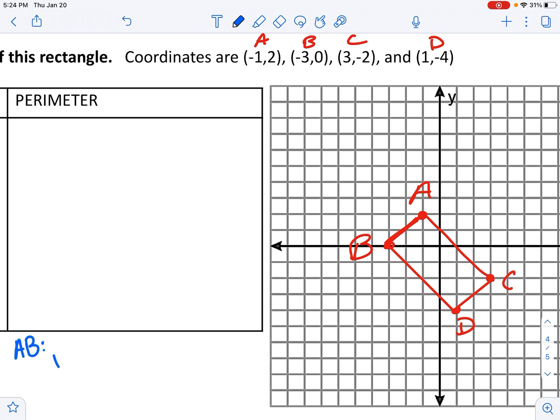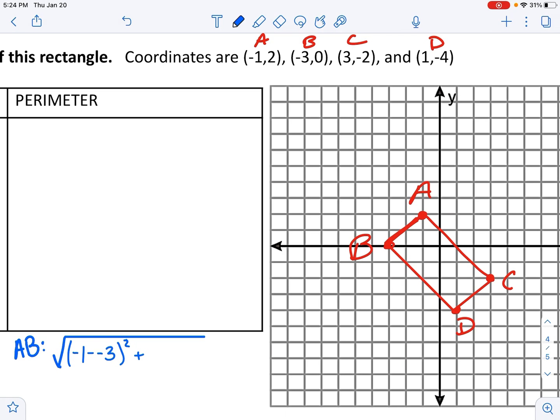AB, the distance formula would say that I have, let me do this in a smaller font, x2 minus x1, and it doesn't really matter which one you do first. I'm going to do -1 minus -3 squared.